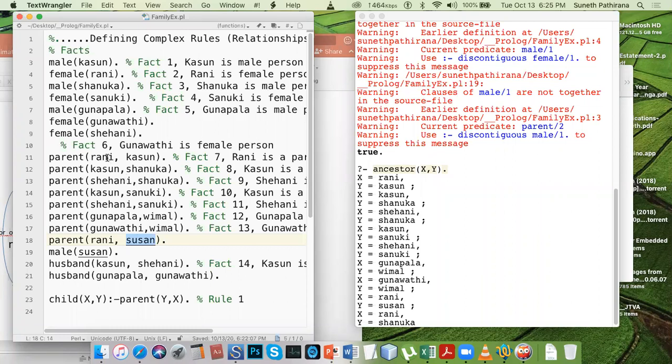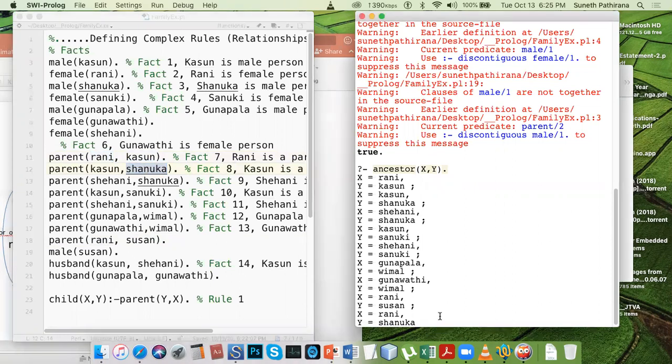Okay, Rani's son is Kasun. Then Kasun's son is Shanuka. Therefore, Rani becomes the grandmother of Shanuka. So that relationship was found using this newly defined rule for ancestors.